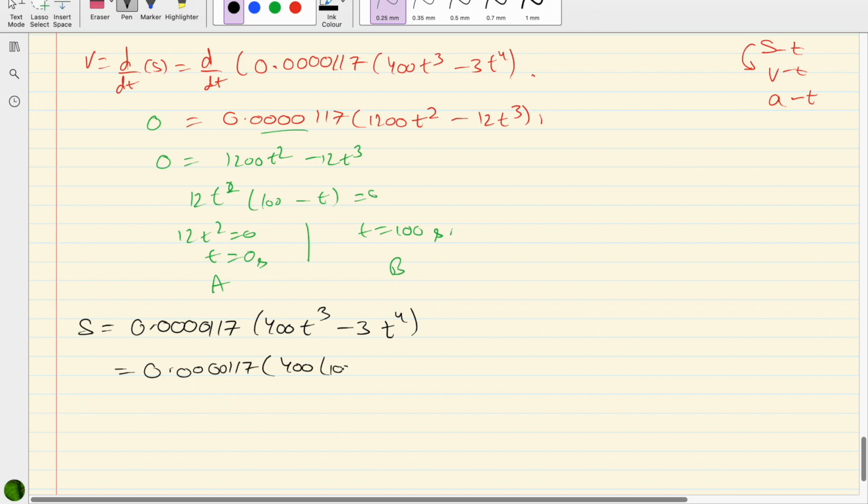So solving it for 100 and using a calculator, 1/117 bracket 400 times 100 cube minus 3 times 100 to the power 4, it comes out to be 1170. So distance AB is equal to 1170 meters.